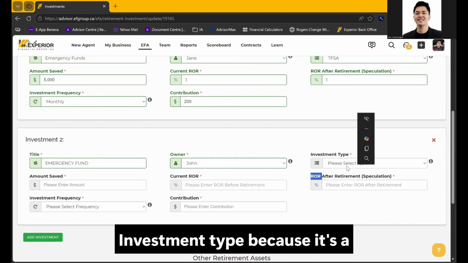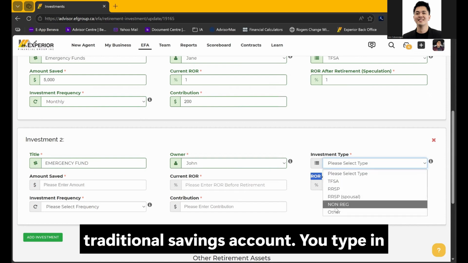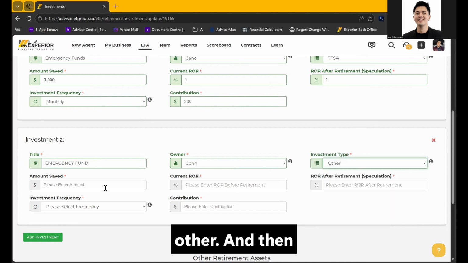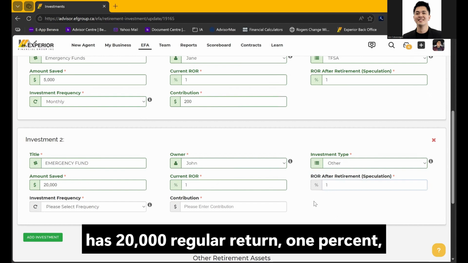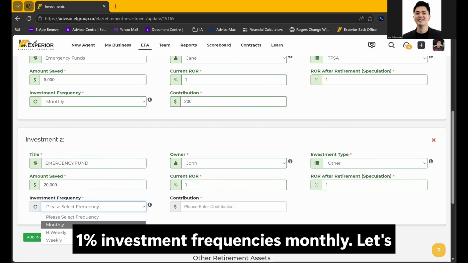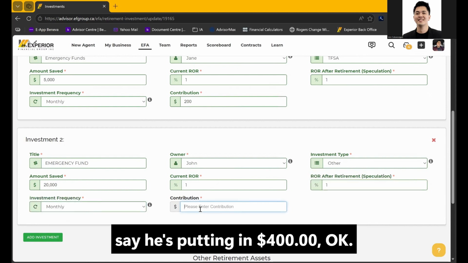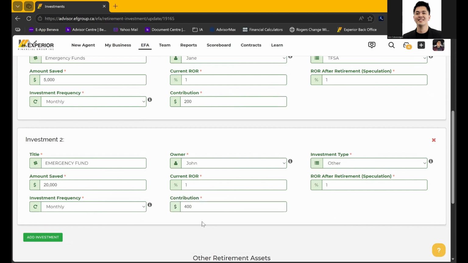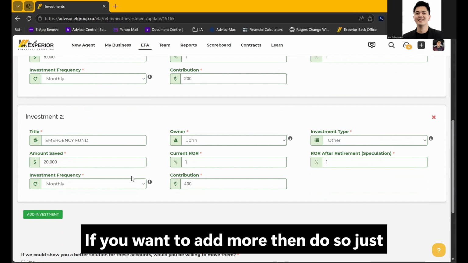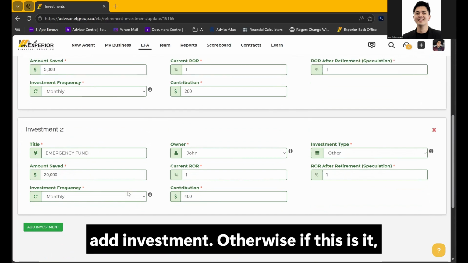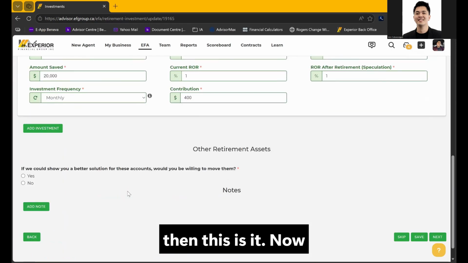Investment type, because it's a traditional savings account, you type in other, and then the amount saved, let's say John has 20,000. Rate of return, 1%, 1%. Investment frequency is monthly. Let's say he's putting in $400. Okay. If you want to add more, then do so. Just add investment. Otherwise, if this is it, then this is it.